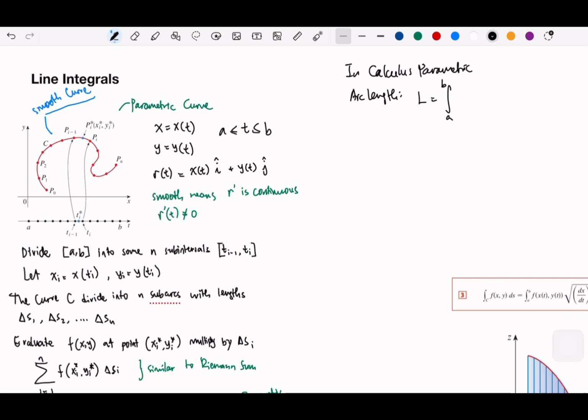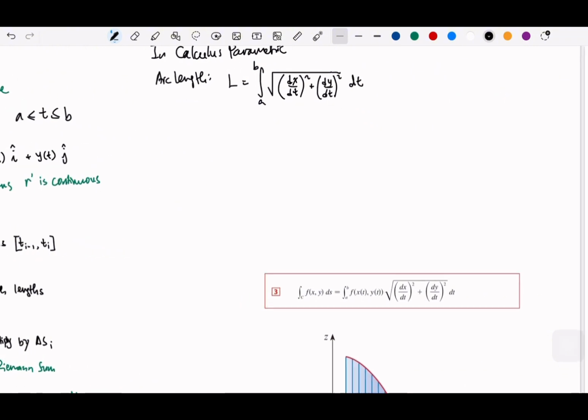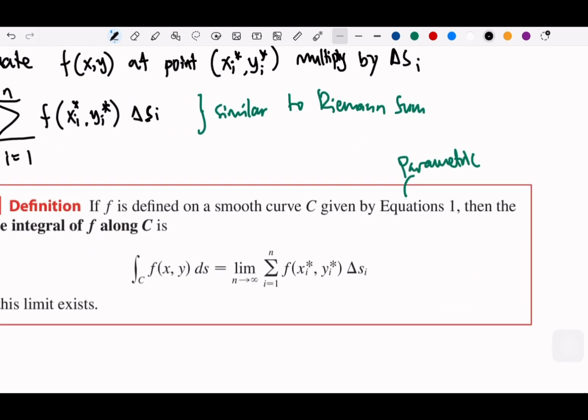if we have a to b for the parameter, the square root of dx dt squared plus dy dt squared, and this is dt, right? So this L we can take to our ds, this is actually the arc length, which we can substitute.